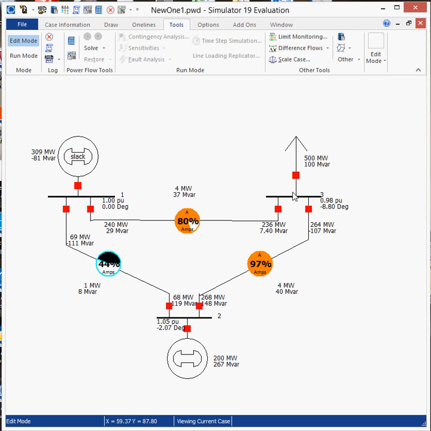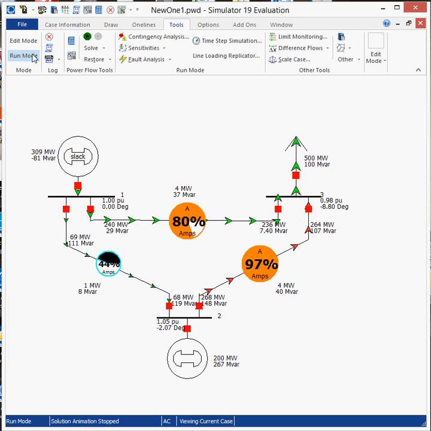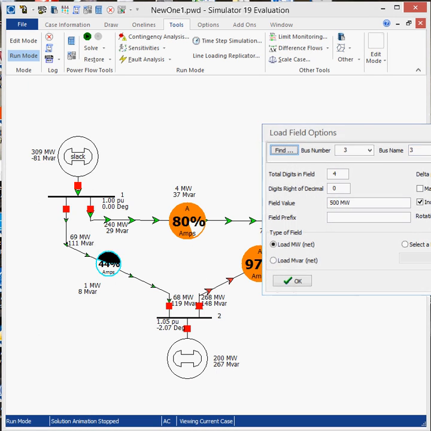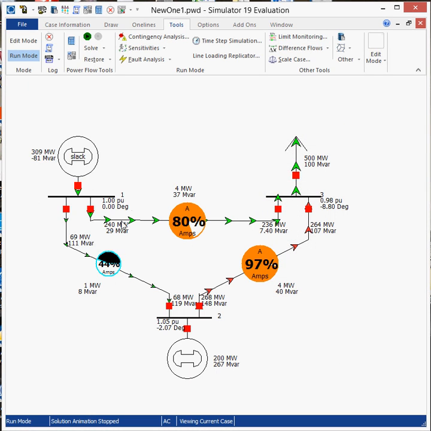Okay, so let's see what happens to your system. You can see that the transmission line is working almost close to its rated value, almost overloaded.